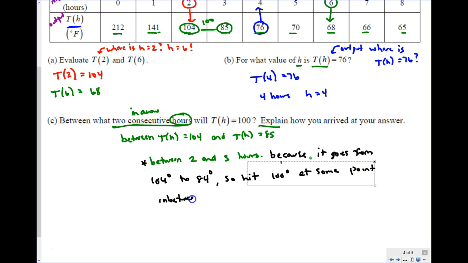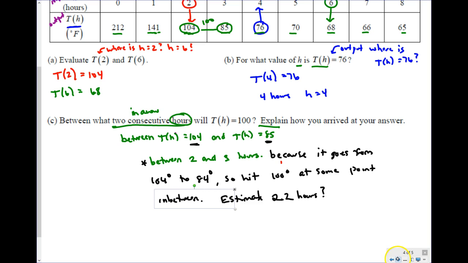I could estimate, maybe 2.2 hours. I don't know, but I know that it's got to hit 100 between those 2 hours to go from 104 to 85. It's got to hit 100 at some point, right?